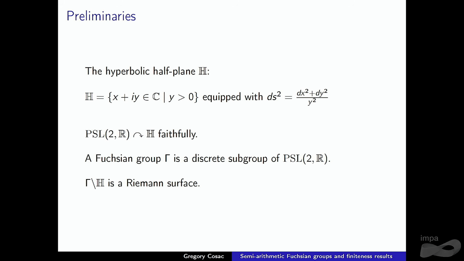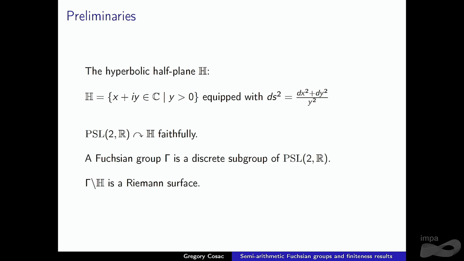We'll be interested here in Fuchsian groups, so discrete subgroups of PSL2R. Because they're discrete groups, they act properly discontinuously on the hyperbolic plane. So you can take a quotient, consider the orbit space.